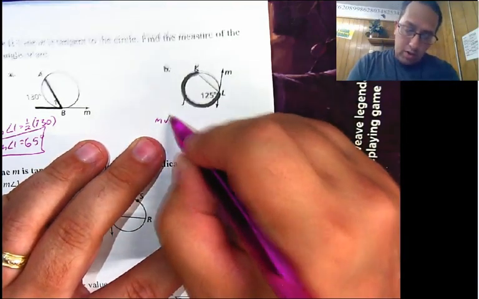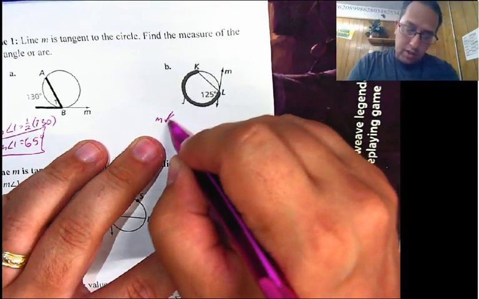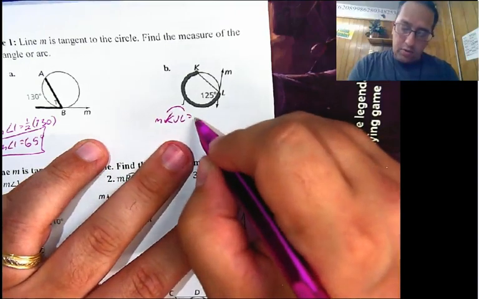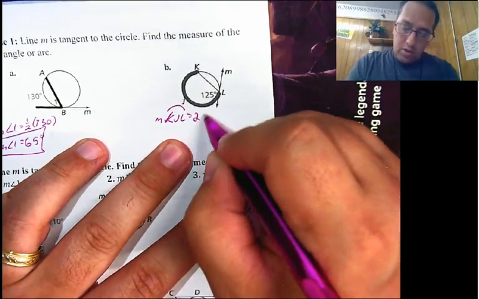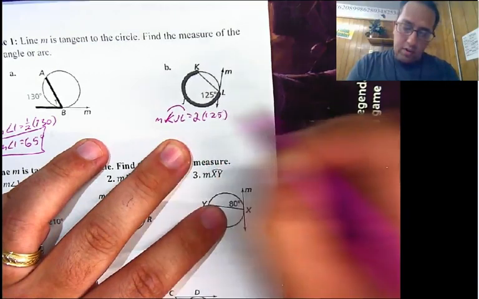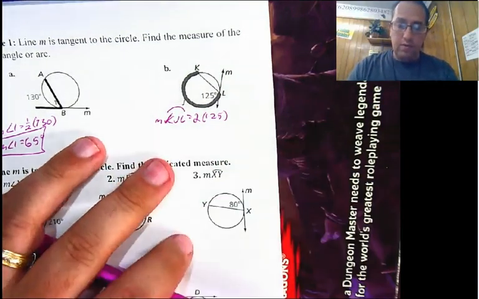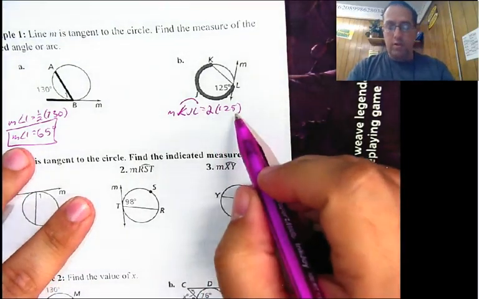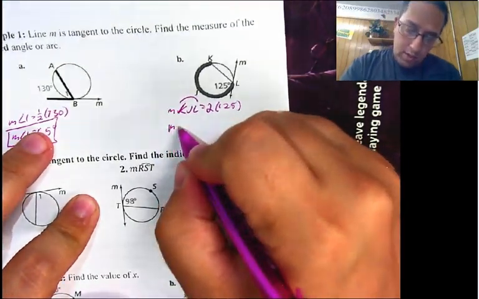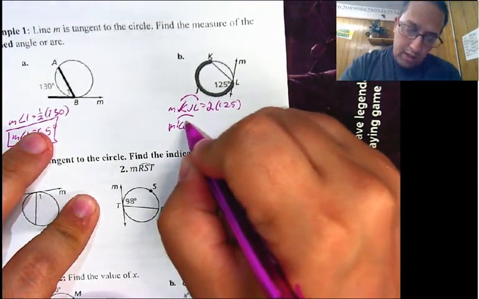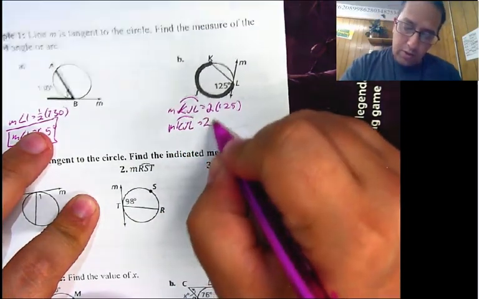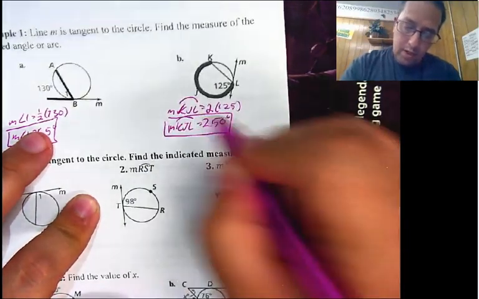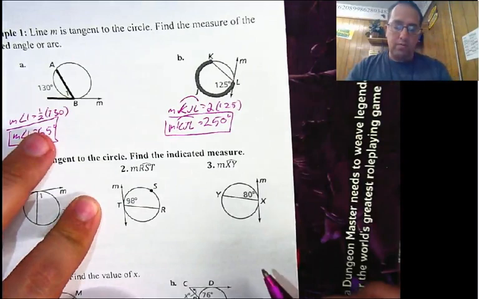So the measure of arc KJL is equal to 2 times 125. Goes the other way around. So, 2 times 125, and the measure of arc KJL equals 250 degrees. And as you see, it is a major arc, just like we thought it would be.